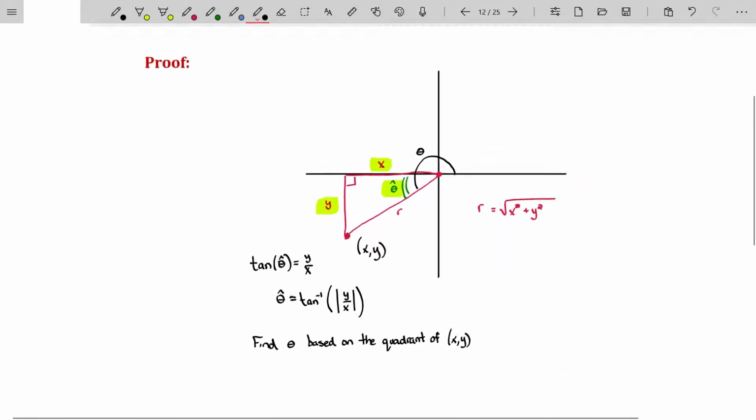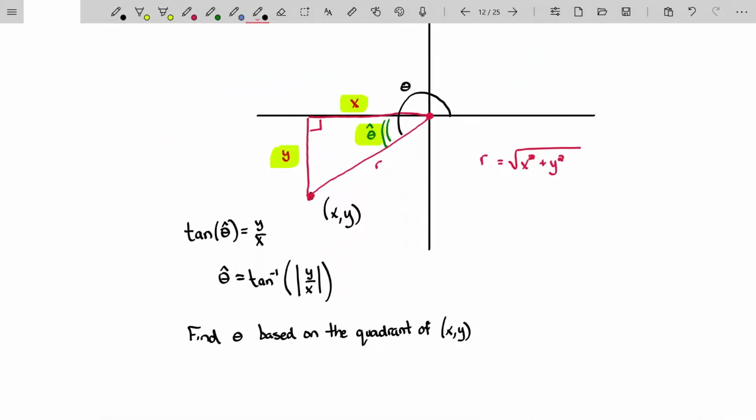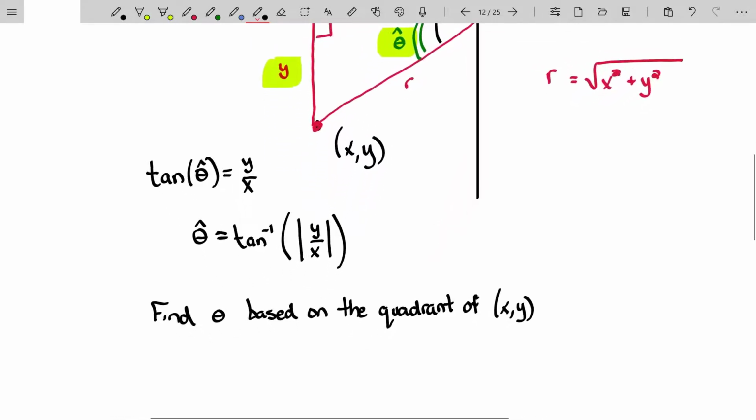So that is the statement up above, and theta is a quadrant appropriate angle such that tangent of theta is y over x. So it's very important here to see the examples in action, so you really understand why these choices are made. But I also want you to realize that this goes heavily in line with what I always say trigonometry is.